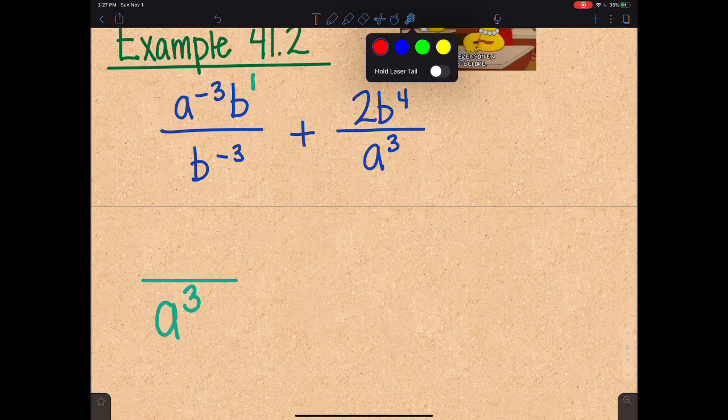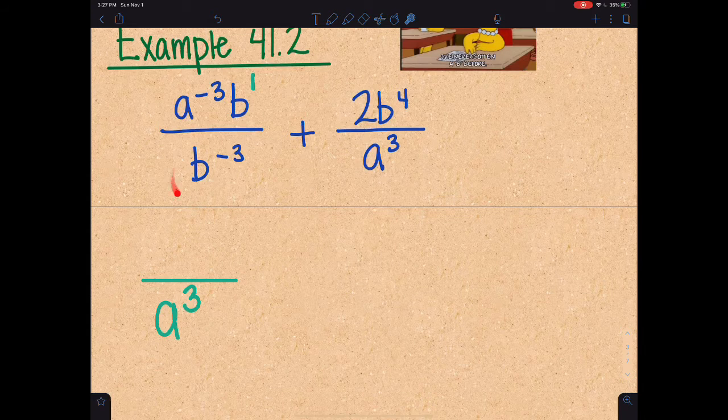And let's deal with this b to the negative 3 because that's really annoying, and just put b to the 3 on top, and then you've got an extra b up top because of this b that was already there. Now, if you forget the exponent rule, when we multiply we add the exponents, and it's actually b to the 4th.